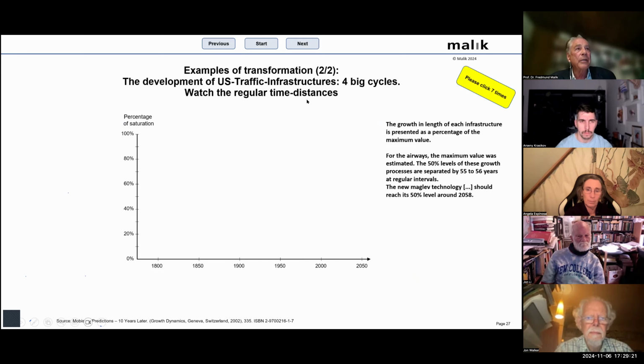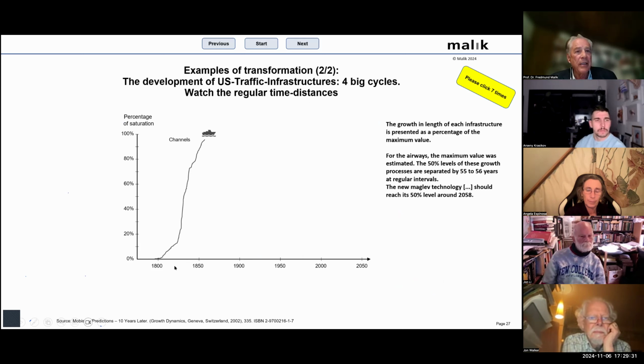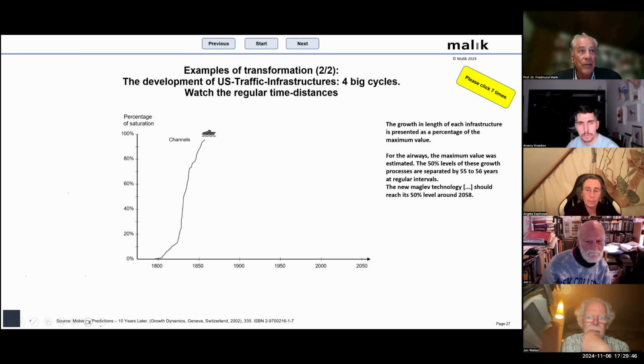So, next one, examples of transformations. You see here 100%, percentage of saturation. Years, this is the time axis, 1800, and here we have 2050. And the growth in length of each infrastructure is presented as a percentage of the maximum value.